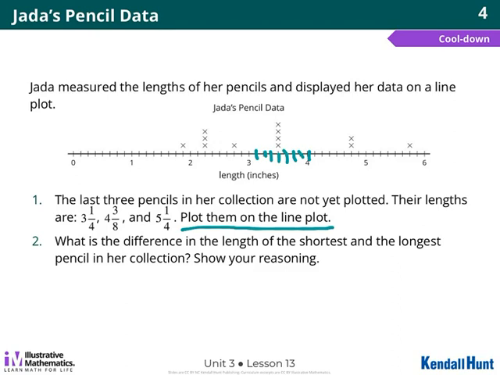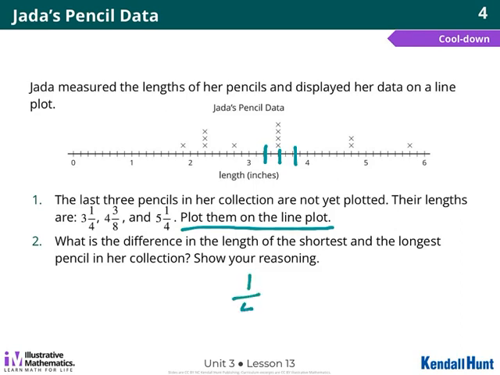So it's split into 8ths, but I need to plot 3 1/4. There's a couple ways I can do that. One way, I know 2/8 are in 1/4, so I could split it up that way.